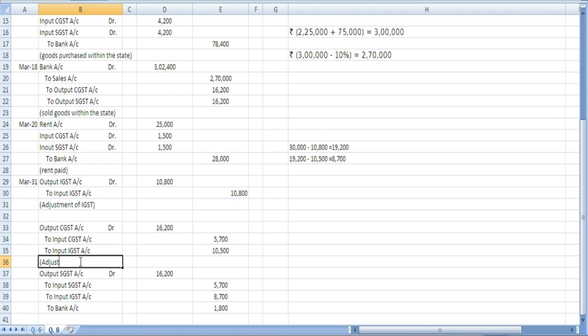Adjustment of CGST, and here we'll write final payment. Okay, so we're going to add both the sides and see the total.